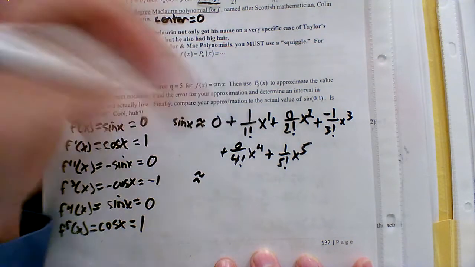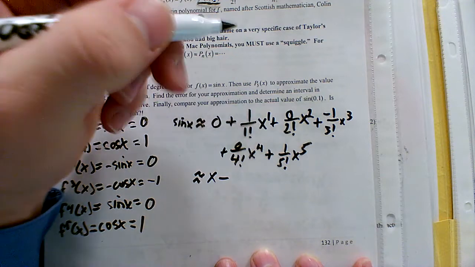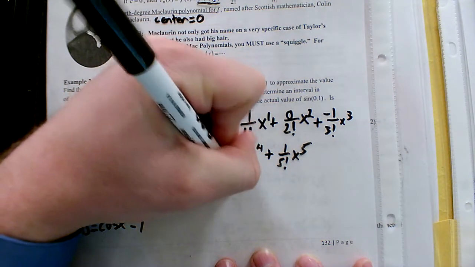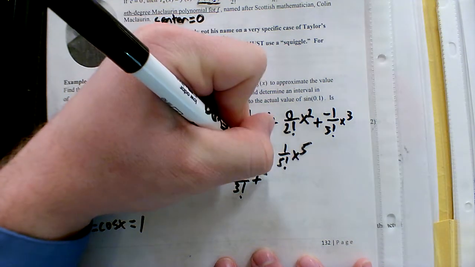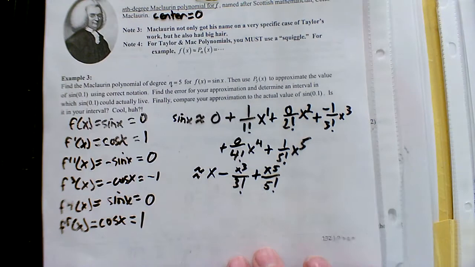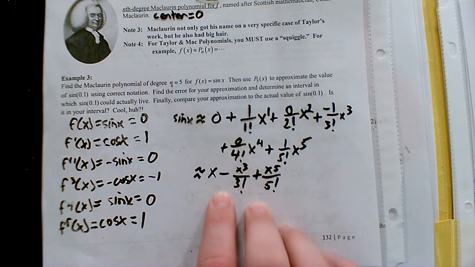That really just simplifies to x. Then we have minus x cubed over 3 factorial. That term stayed. And plus x to the 5th over 5 factorial. So for sine of x, this is our approximation of the 5th degree.